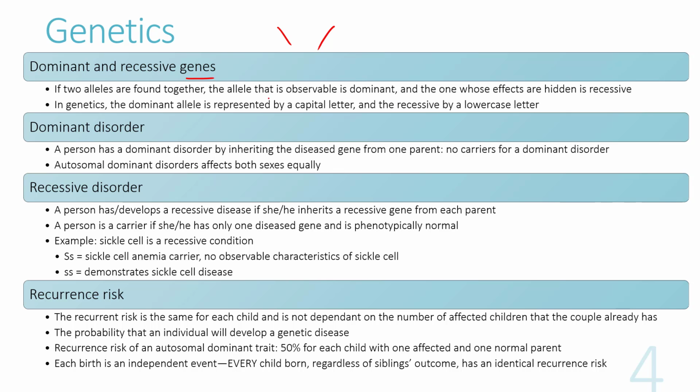A dominant gene would be expressed. So if you have a dominant, say a dominant D gene, the trait found within the dominant gene would end up being the phenotype, right? And it doesn't matter, say this is the recessive trait.